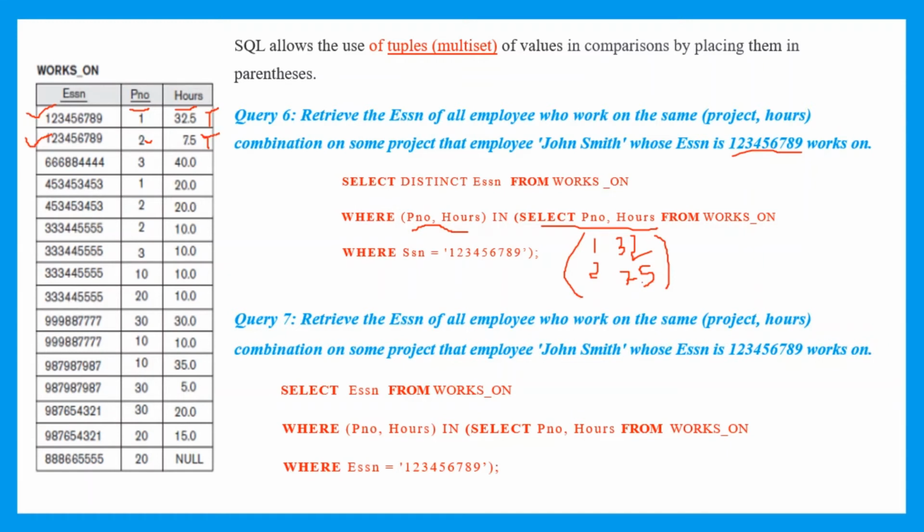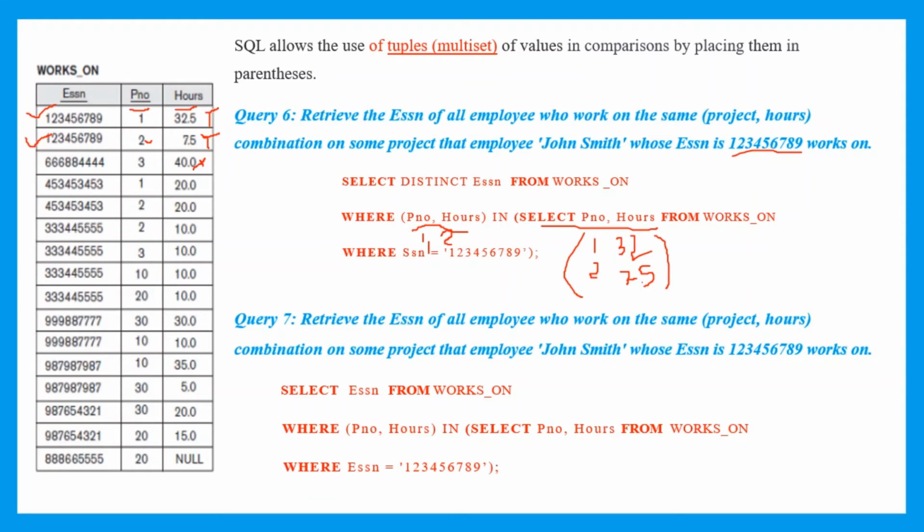Project number 3 and 40 is compared with the innermost query result. 3 is not there. 3 is compared with project number 1, it is not true. 40 hours is compared with 32.5, it is not there. Project number 3 is compared with 2, it is not there. So false, and this row is not going to get selected. Next, project number 1 and hours is 20.